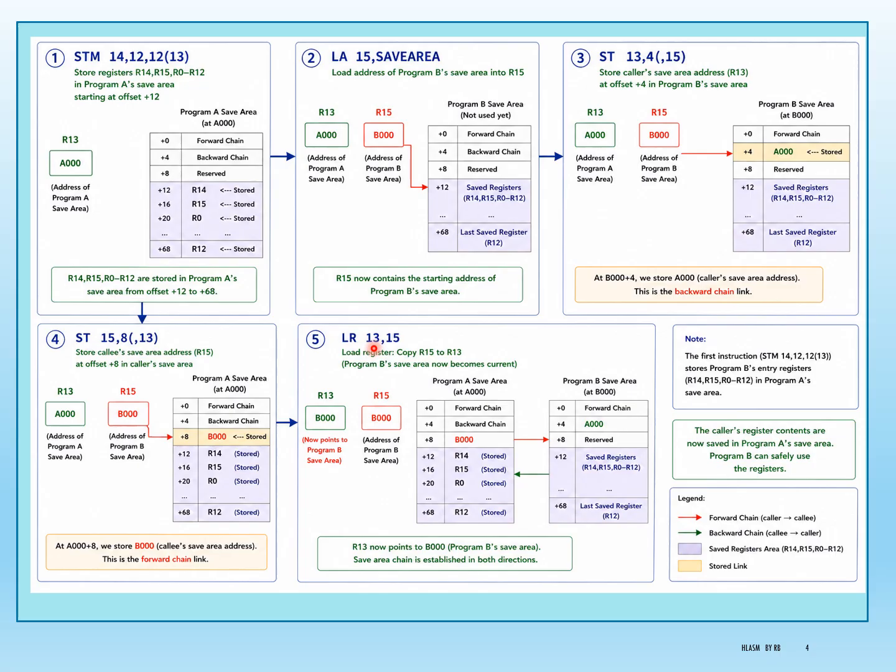The moment you start using these registers in program B, you will lose the data in the registers. So before I do anything, I'm taking the register values and putting them in the program A save area, then I'm cross-pollinating these two areas with this address there and that address here, and in the end I am pointing my register 13 to the new save area, which is the program B save area.